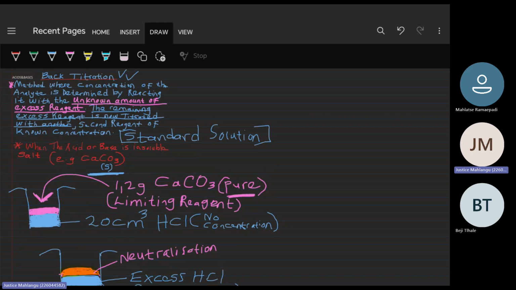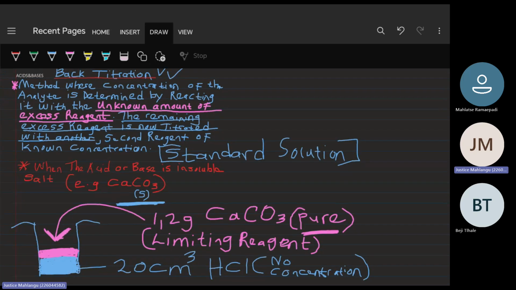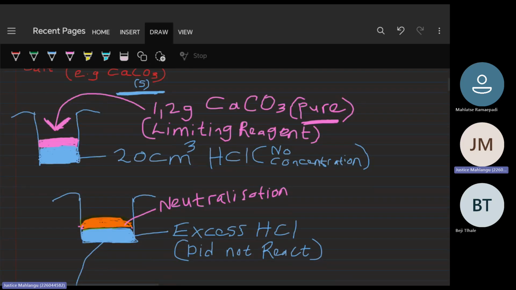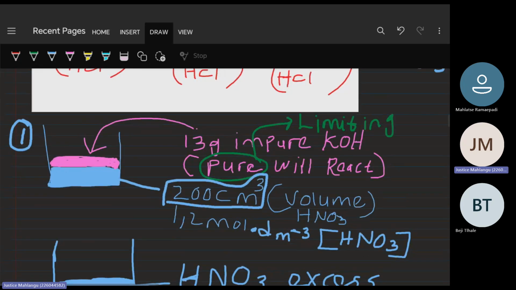So the summary says, back titration is a method where the concentration of the analyte is determined by reacting it with an unknown amount of excess reagent. The remaining excess reagent is then titrated with a second, known concentration, which is what we're doing here. In the beginning, we had 13 grams of impure potassium hydroxide.